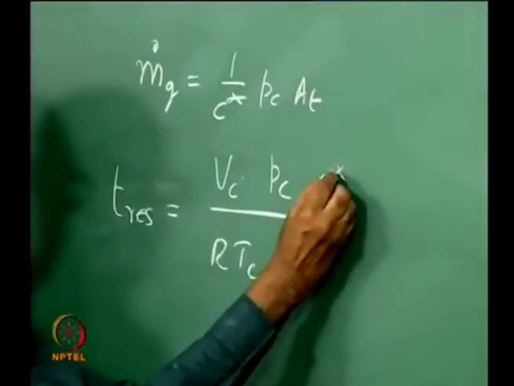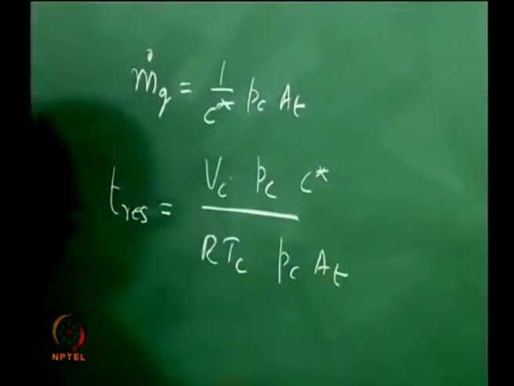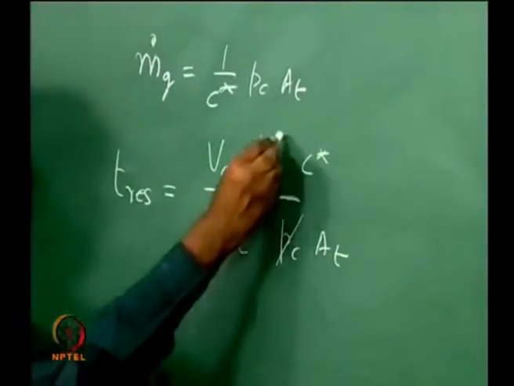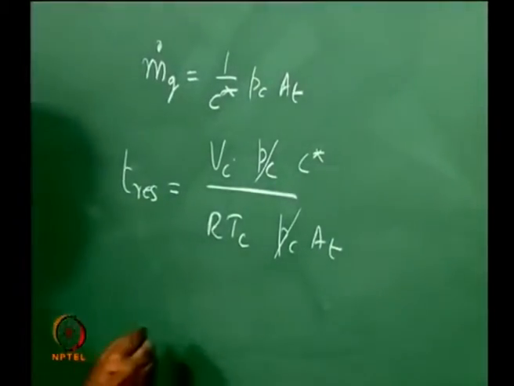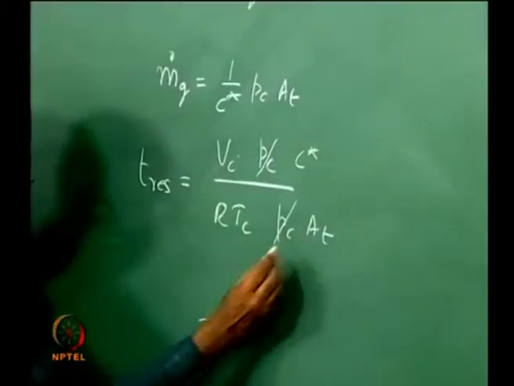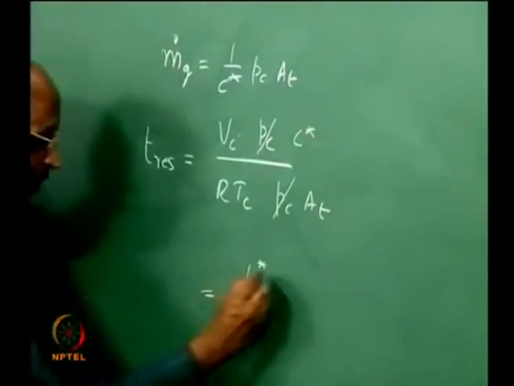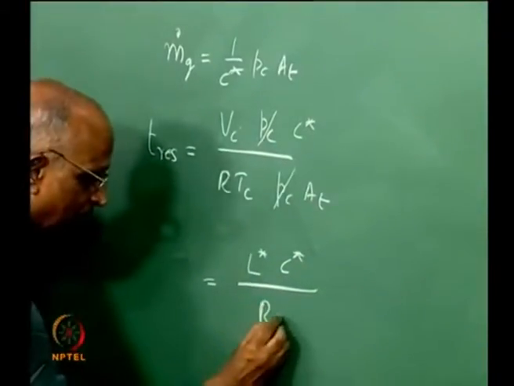C star comes upstairs, so over here, PC AT over here, and therefore now I can cancel the PC out, it is not a function of chamber pressure anymore, and therefore I get Vc by AT, which we have defined as L star, into C star divided by RTC.